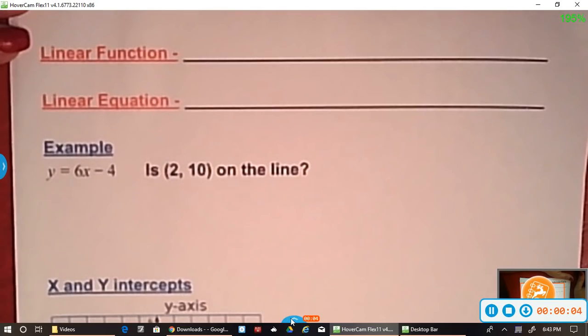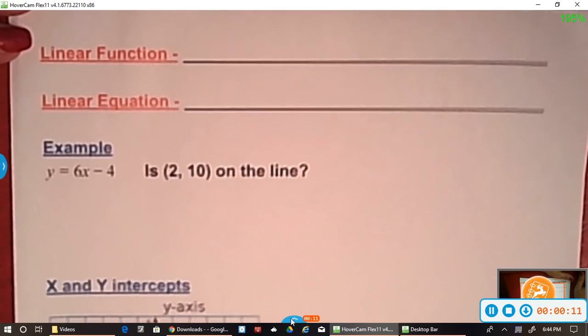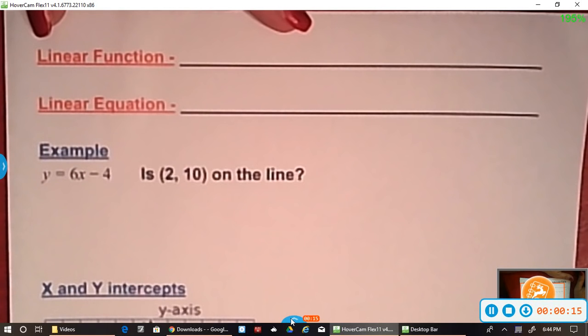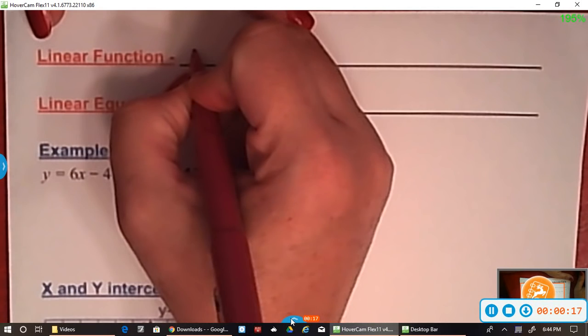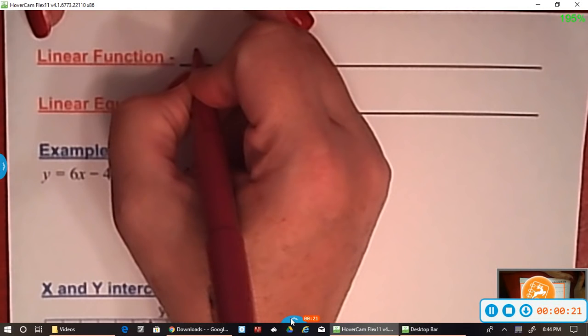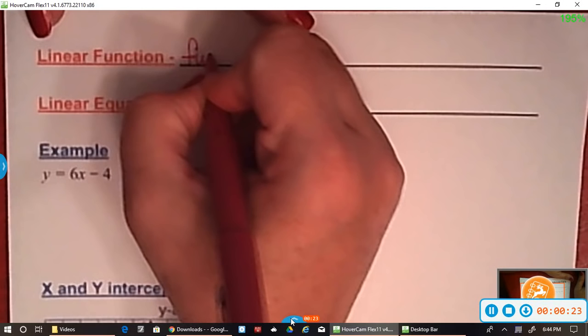Alright guys, so here we go with part 2 of the section 2.3 notes on linear functions and slope-intercept form. We're going to start with just a quick and easy definition of a linear function. A linear function is a function that is a line.